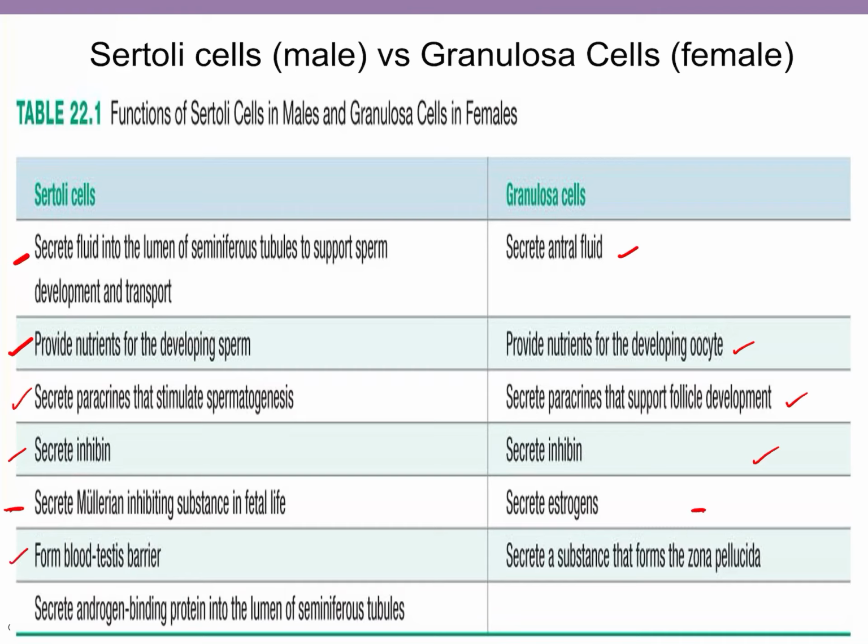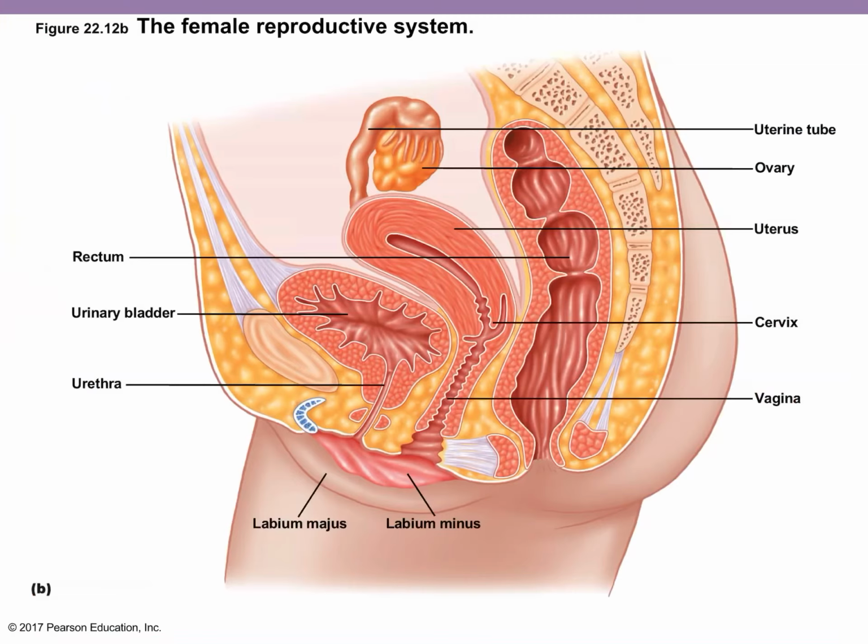The Sertoli cells, remember, form that blood-testis barrier, and the granulosa cells also form a barrier around the oocyte, and that's called the zona pellucida. And then lastly, the Sertoli cells secrete some androgen-binding protein, which the granulosa cells do not, but they do secrete estrogen. All right, so moving on. We'll talk about the progression of the granulosa cells more in detail as we look at the ovarian cycle.